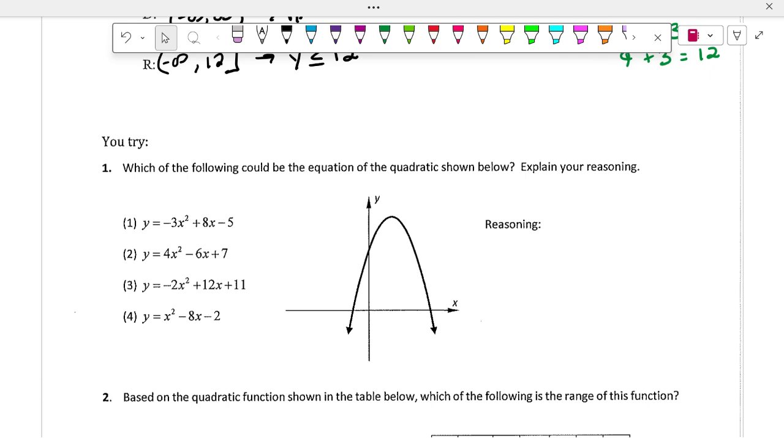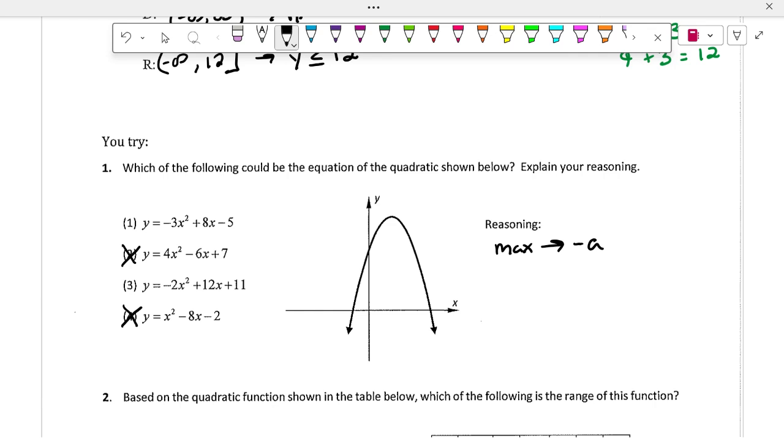It's not 2 or 4. Why? Because it's a max, so that means what? It's going to be negative. A is negative. So since we have a max, or it opens down, whichever way, that means we have a negative A. So 2 and 4 are out because they have positive A's.